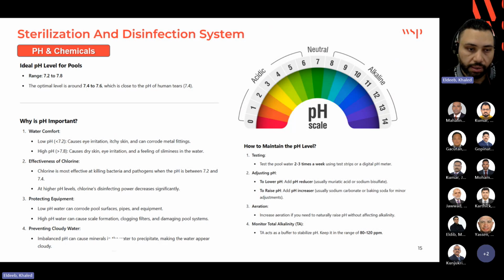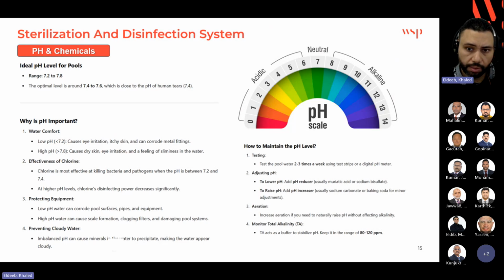First, we can adjust the pH level. If the pH is too high, higher than 7.8, we can add a pH reducer, an acidic component such as sodium bisulfate. If the pH is too low, lower than 7.2, we can add a pH increaser, an alkaline compound such as sodium carbonate or soda ash.